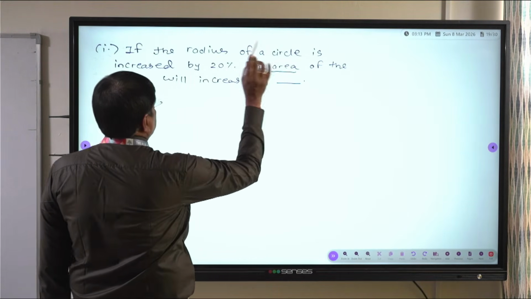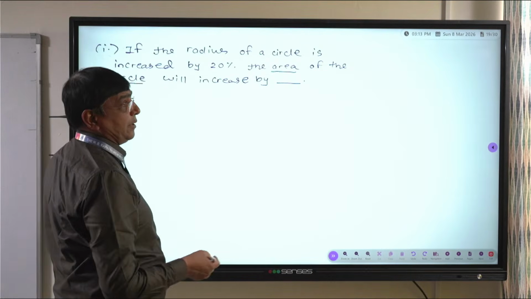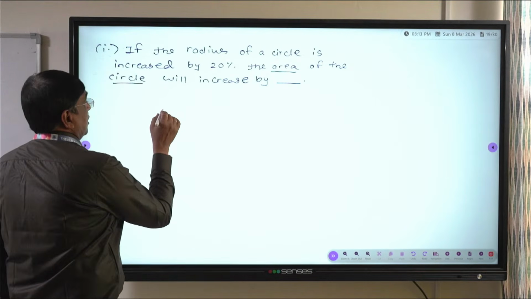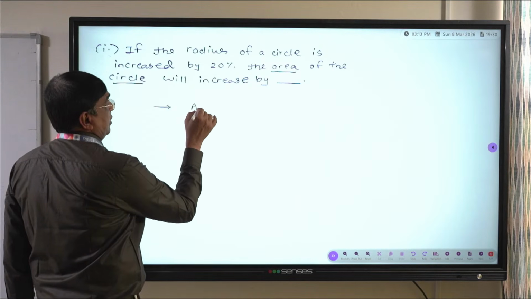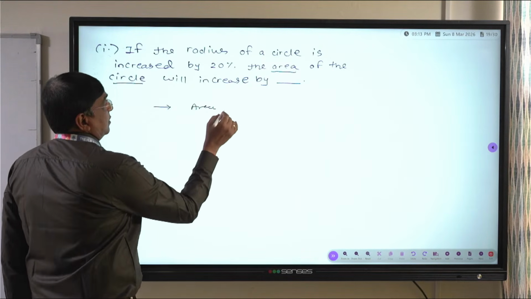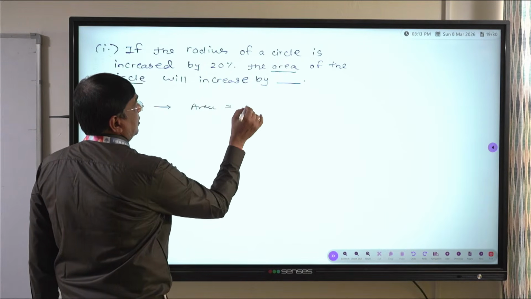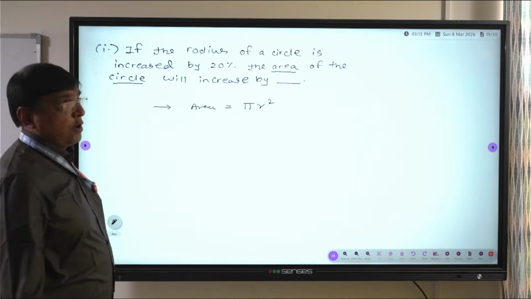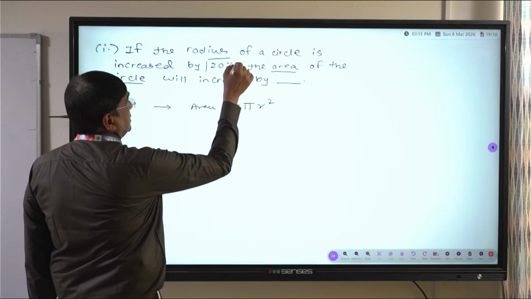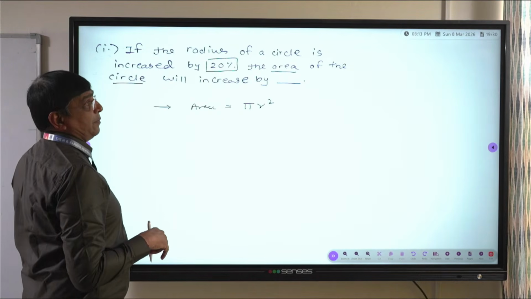The radius of a circle is increased by 20%. First of all, the original area of a circle, we know that the area of a circle is pi r square. Now the radius is increased by 20%, like 20% profit.